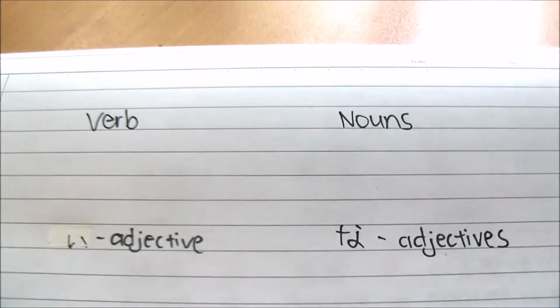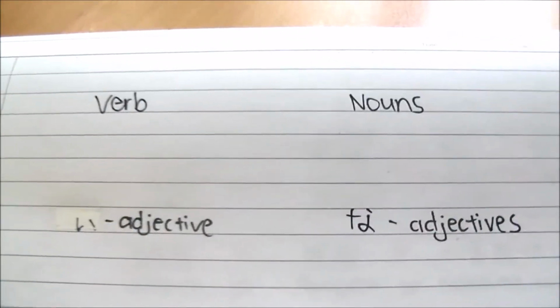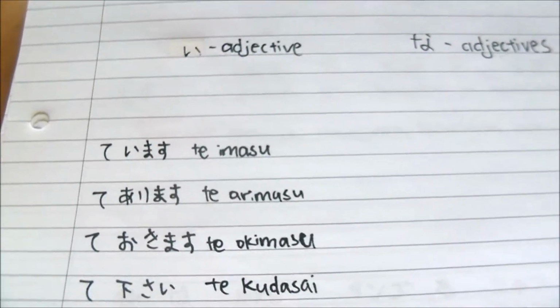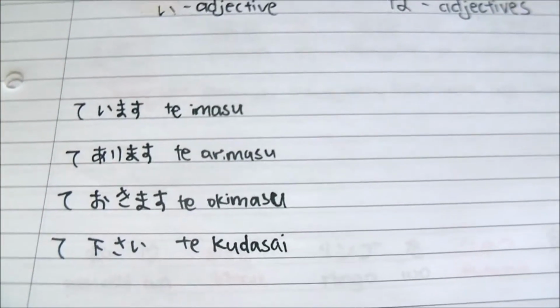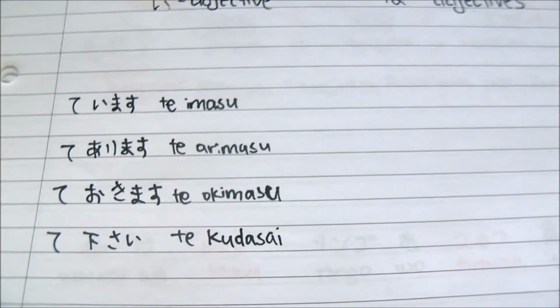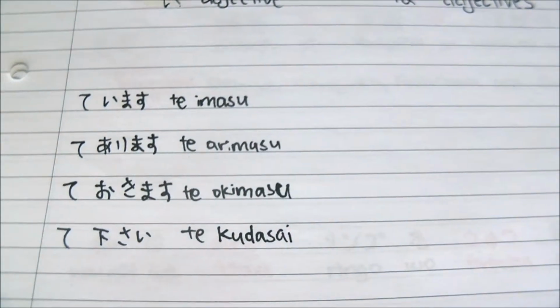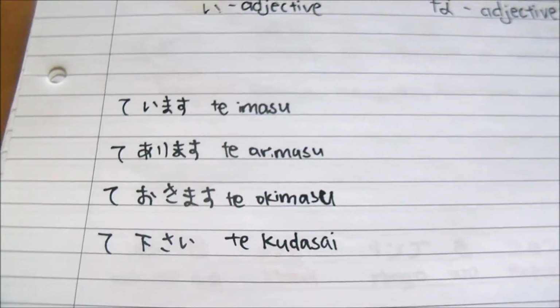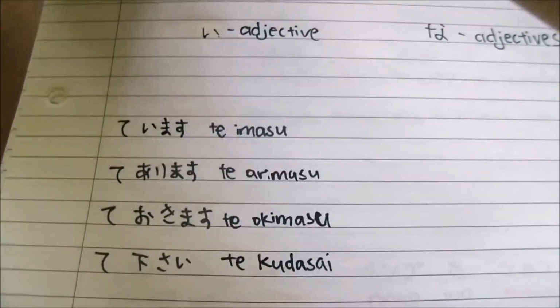The te form also has many uses. What are some of the things that can be used with te form? For example, te form plus imasu means is doing. There's also te arimasu, te okimasu, te kudasai. These are just a few that you'll learn at the lower levels.